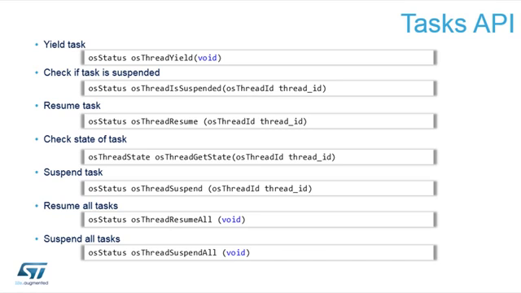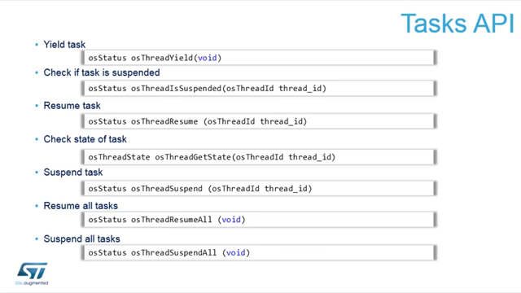That's yielding. You can test if a thread was suspended by calling a thread is suspended with its ID, and it will return whether the thread was put into the suspend state or whether it's in other blocked, ready, running. You can resume a suspended task. You can check the state of the task, so you can detect whether the task is ready, blocked, suspended.